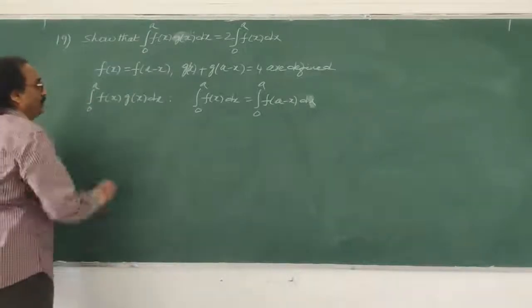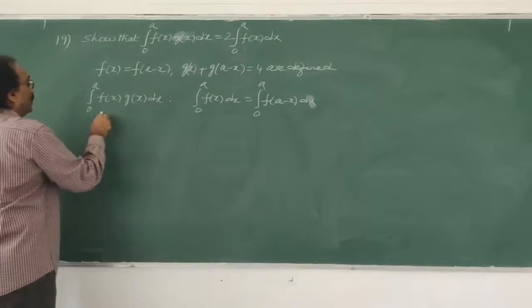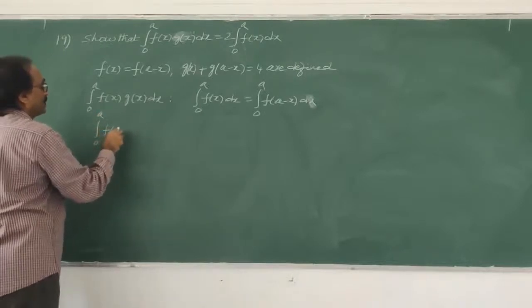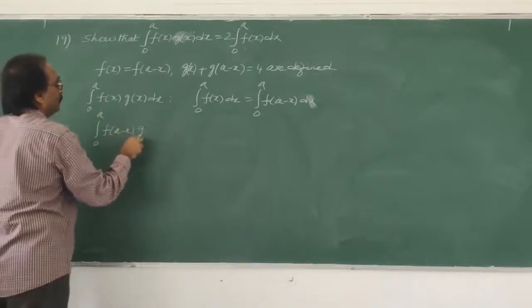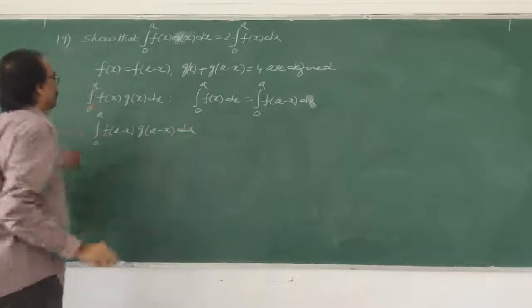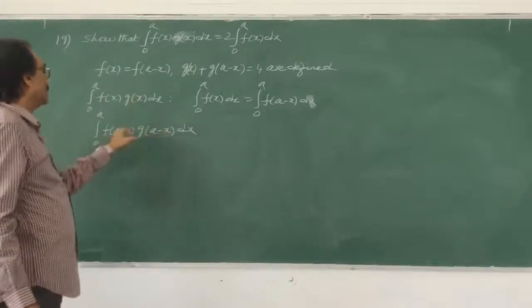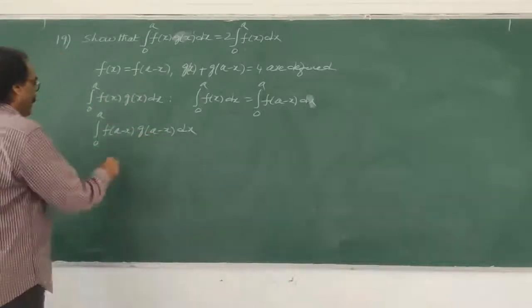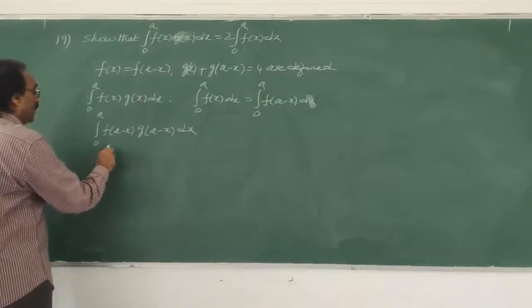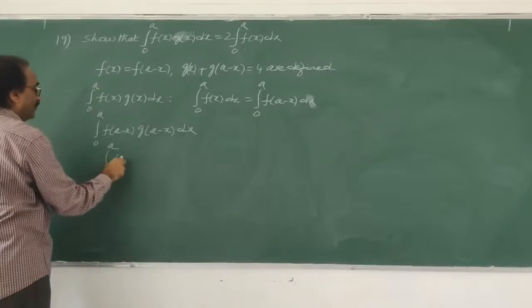So now, using this property, integral 0 to a f of a minus x into g of a minus x dx, correct or not? Wherever x is there, a minus x. Now f of a minus x is defined as f of x, so you write f of x.